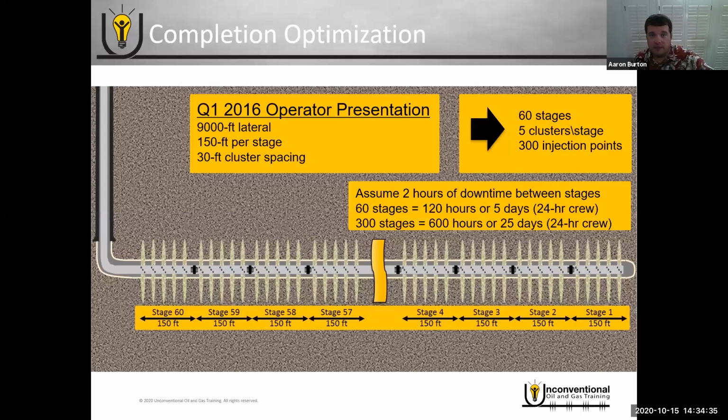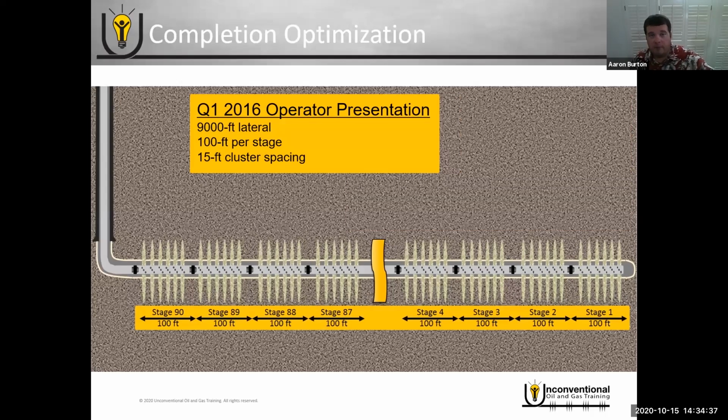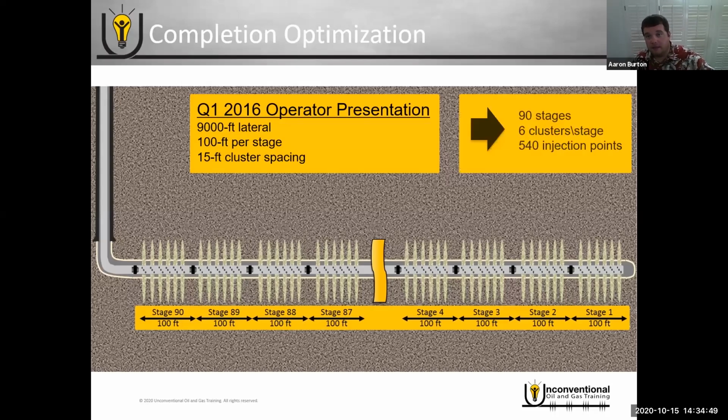wireline between stages. Now, the same operator in the same presentation reported that the newest completion system that they were trying was a 9,000-foot lateral, 100 feet per stage with 15-foot cluster spacing. So that means that they had 90 stages per well, 6 clusters per stage, which means it's 540 total injection points.